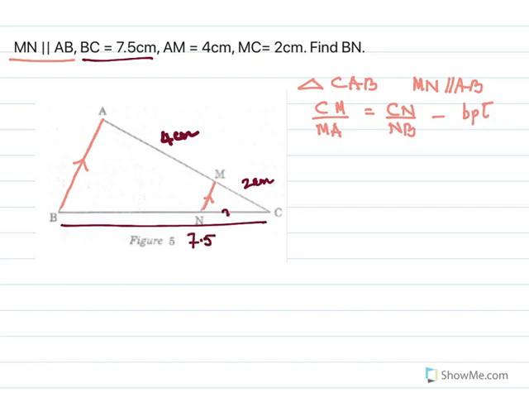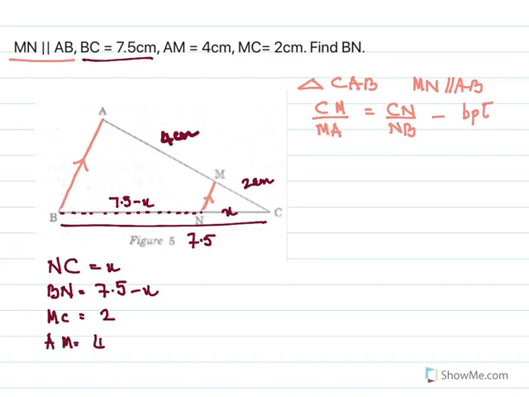So hence I'm going to take NC as X. If NC is X, therefore I can say BN will be 7.5 minus X. MC is given as 2. AM is given as 4. So let's put our values now. CM is 2. MA is 4. CN I have taken as X. And NB I have taken as 7.5 minus X. This is by BPT.